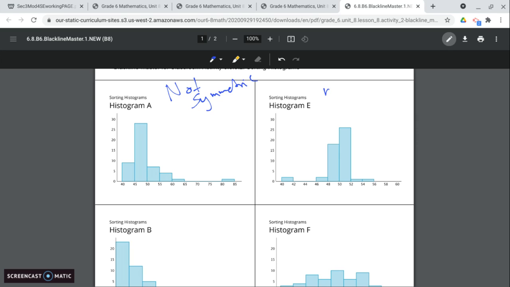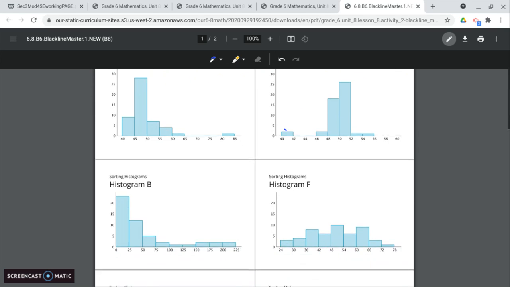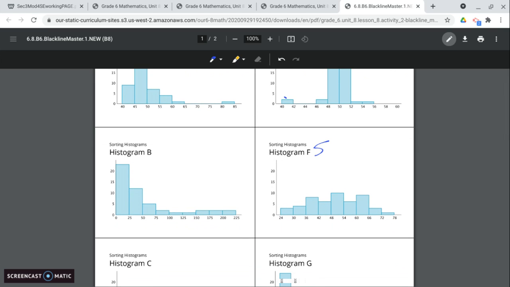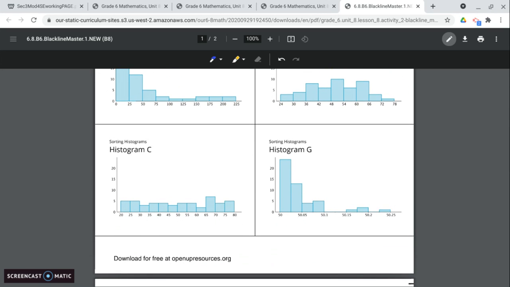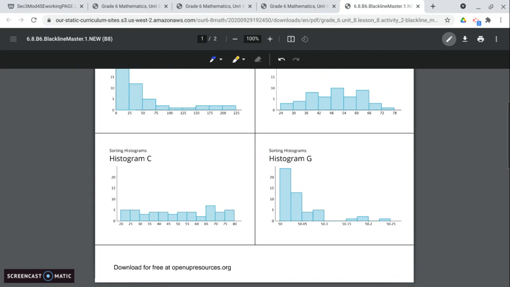We've got higher here, and then it grows and then it shrinks way down, so not symmetric. F here is very symmetric, or approximately symmetrical. B is not. C is not.